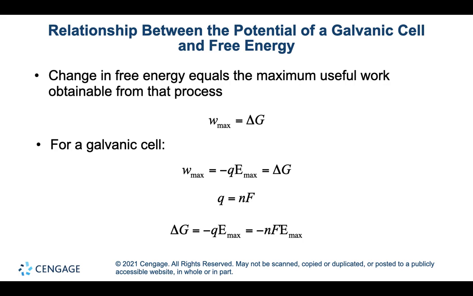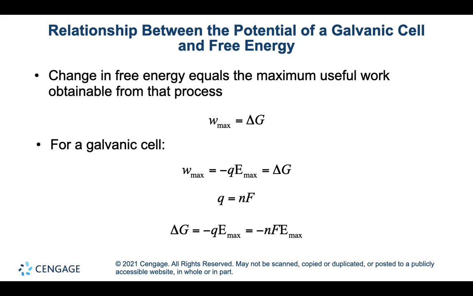Put it all together: if you want to know the change in free energy for a given redox reaction, a reduction and oxidation reaction paired up, then it's going to be negative NFE, where N is the number of moles of electrons, F is Faraday's constant, 96,485 coulombs per mole, and E is the voltage.